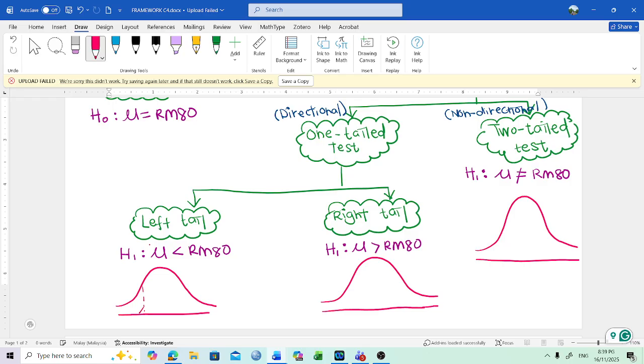Here, I'll draw the rejection region and the acceptance region. As you can see, this is on the left, so I shade the left region. For the right tail, of course, it will be on the right. For the two-tail test, it will be both the left and also the right.